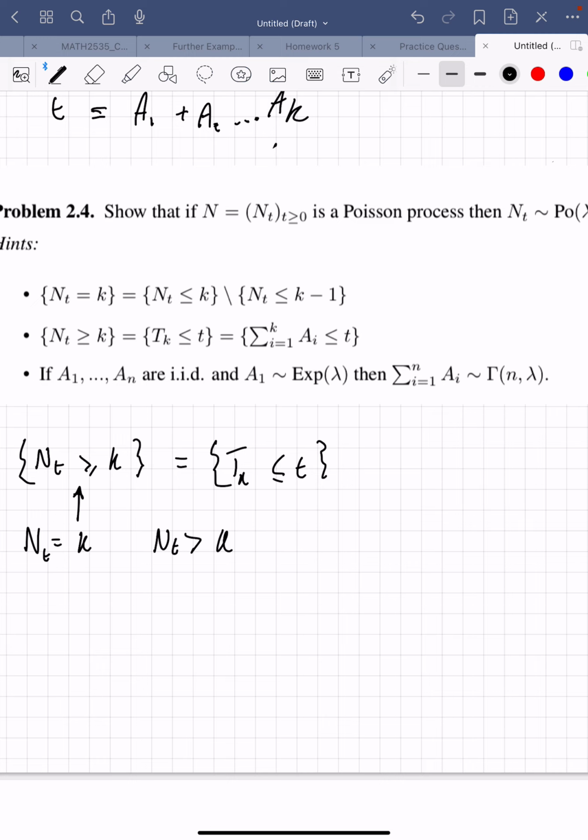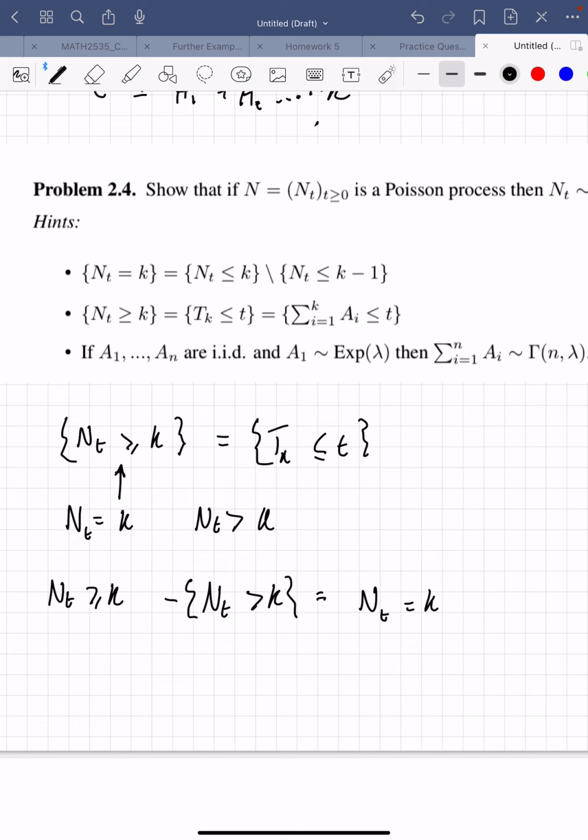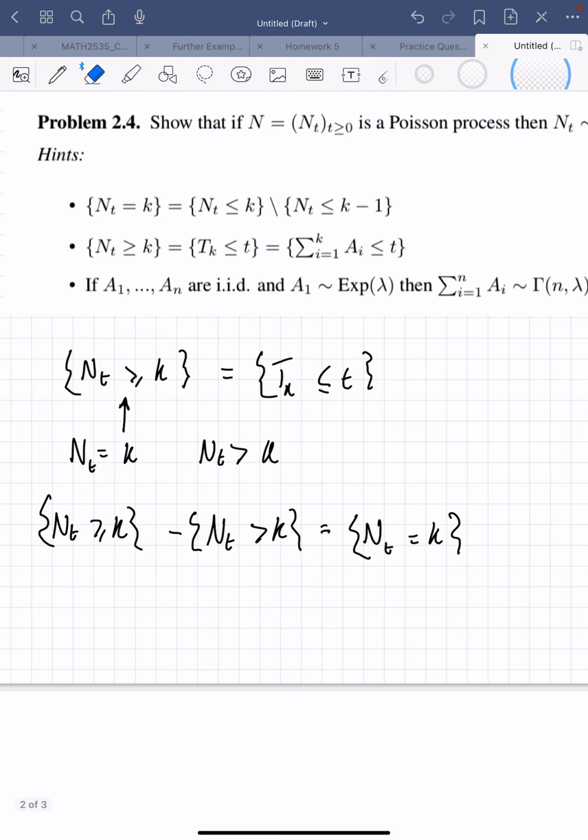So essentially, to get this term, we want to do N_t greater than or equal to k minus N_t greater than k to then produce N_t equals k. Now, to do that, we can already replace this first term with T_k less than or equal to t.